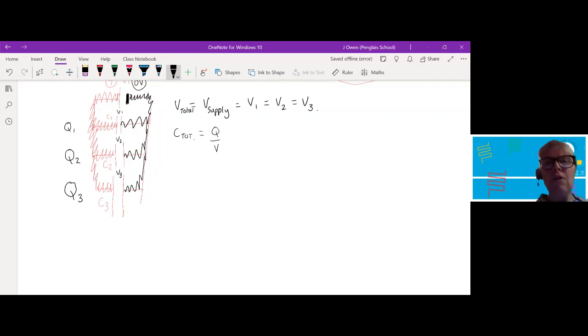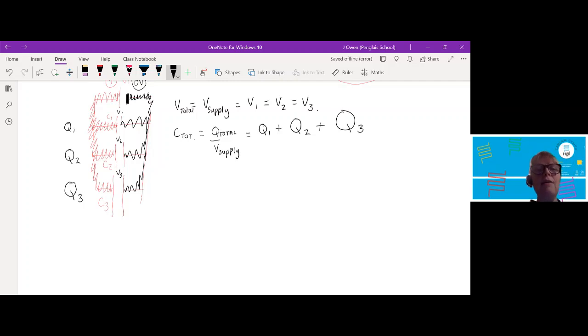So the total charge supplied, divided by the V supply, will be given by the charge stored on 1 plus the charge stored on 2 plus the charge stored on 3.